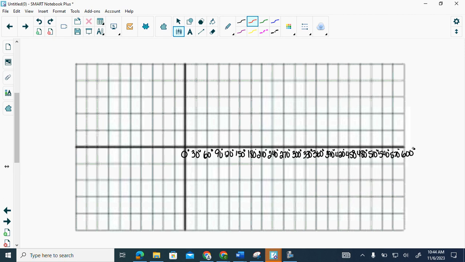Right? That's all I'm doing. And then I would go this way. And then I have 0.25, 0.5, 0.75, 1, negative 0.25, negative 0.5, negative 0.75.